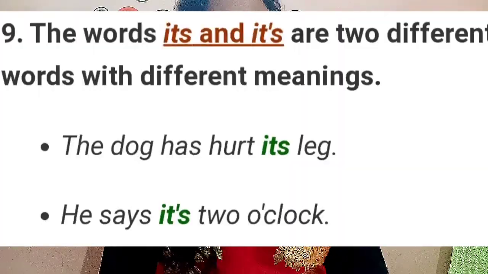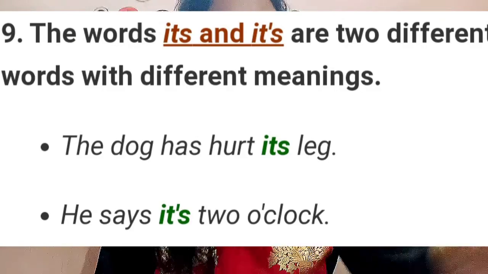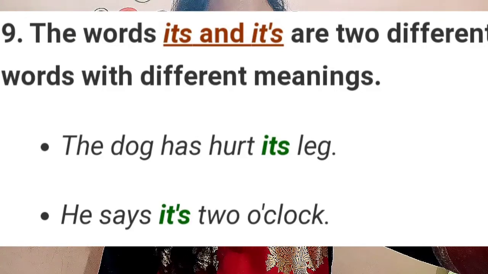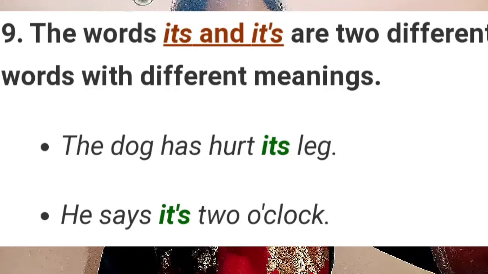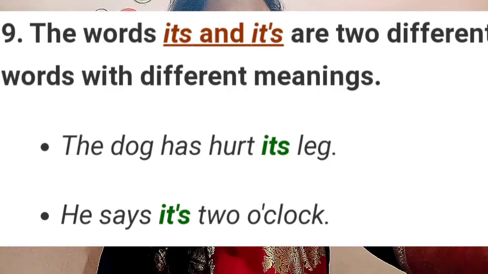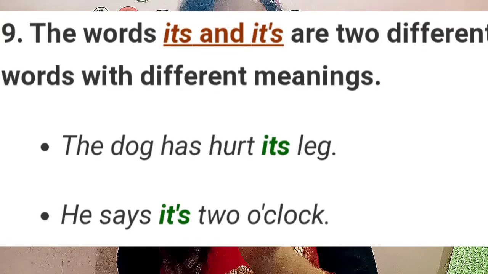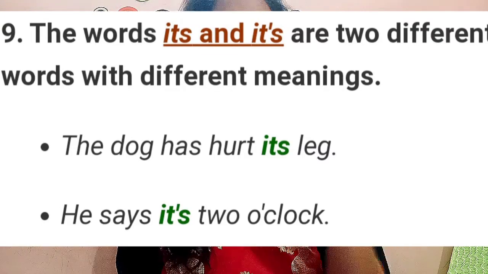So this is the basic thing, and the next one is very important, and this is a particular part where I have also made so many mistakes. That is the difference between its and it's. One its is written without an apostrophe, and the other is it apostrophe s.